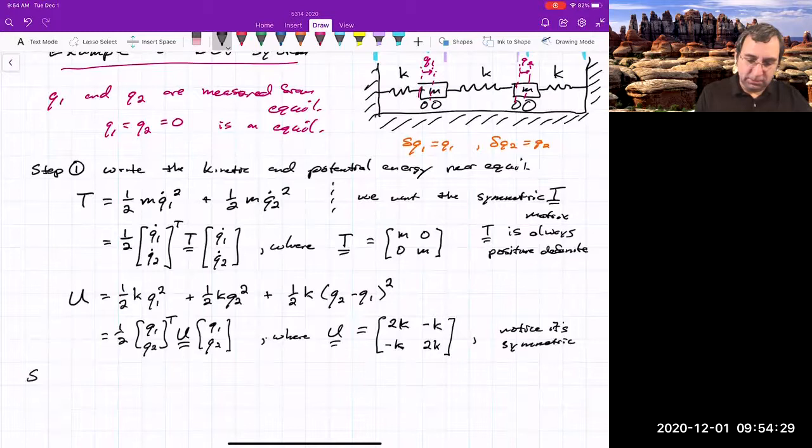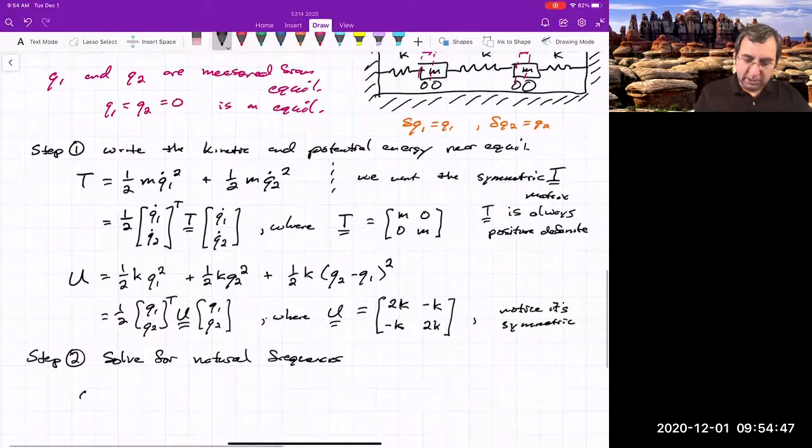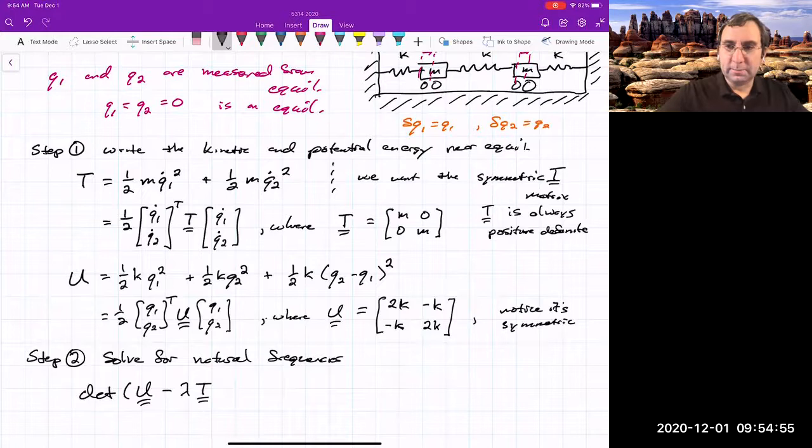All right, so step 2. Solve for the natural frequencies. So how do we do that? Well, we'll write determinant of U minus lambda T equal to 0.